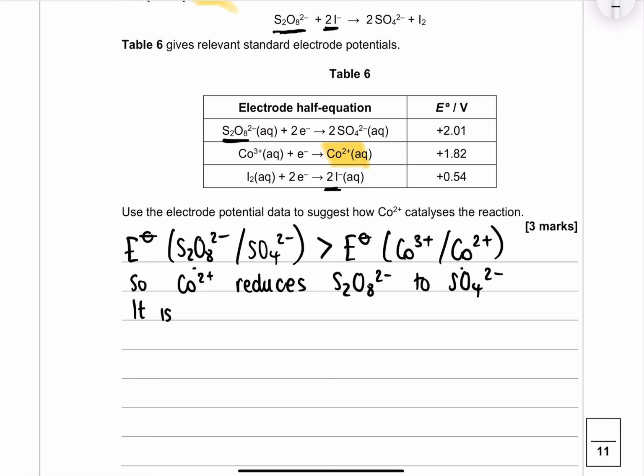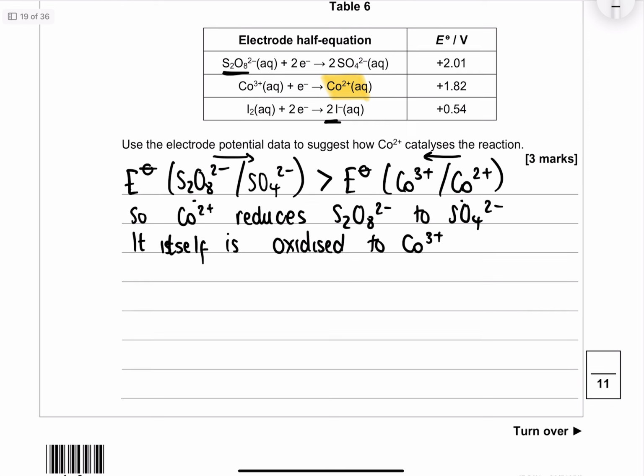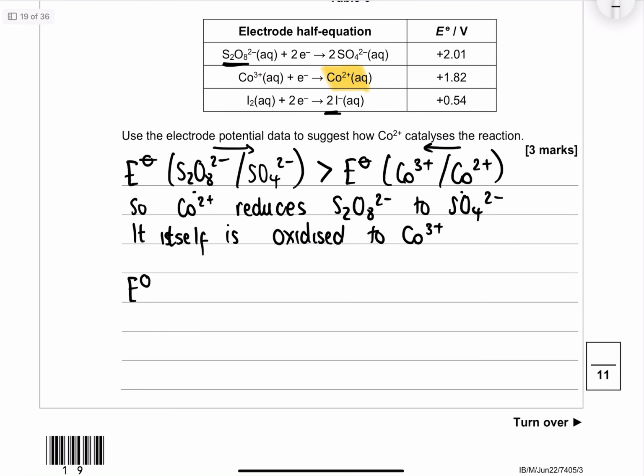It itself is oxidized to Co3+. So this goes forward and this one goes backwards. Then what happens is we've now got cobalt 3+, and the standard electrode potential of cobalt 3+ to 2+ is greater than that of iodine to iodide.